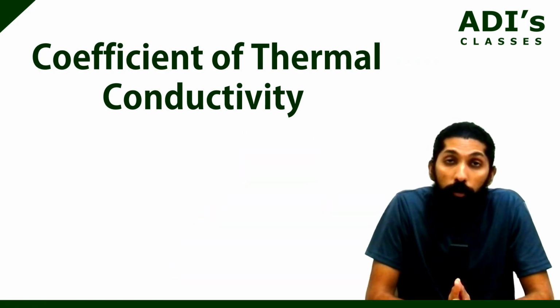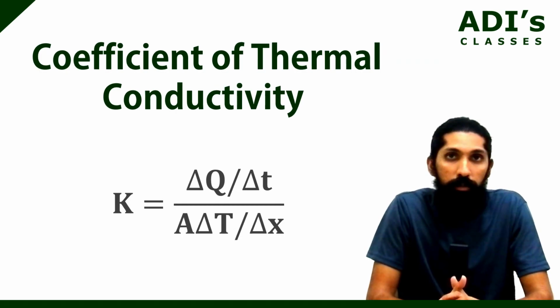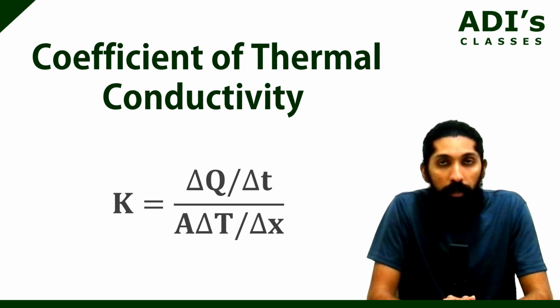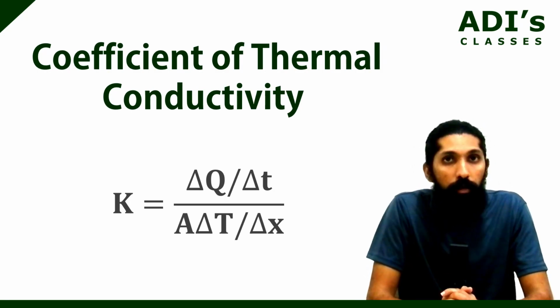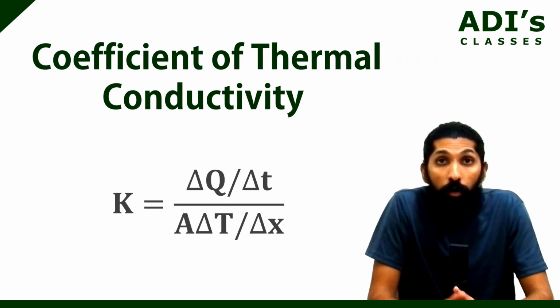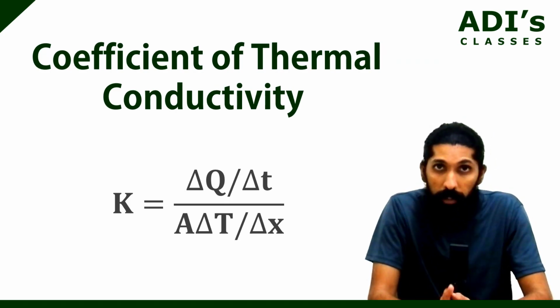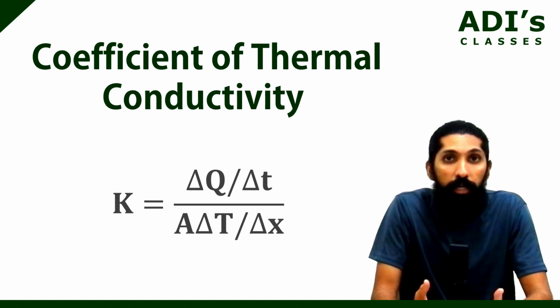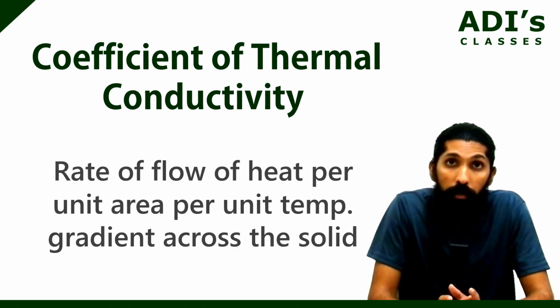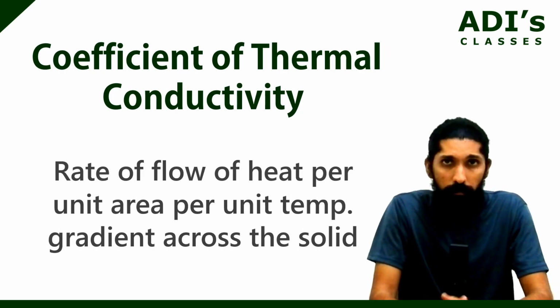Mathematically, the coefficient of thermal conductivity is given by K = (ΔQ/Δt) / (A · ΔT/Δx). So how do we define this? We can say that it is the heat energy we are providing per unit area per unit temperature gradient.